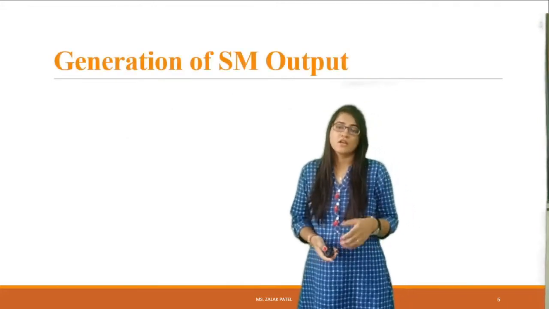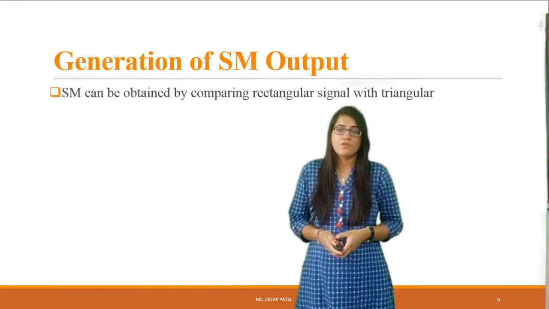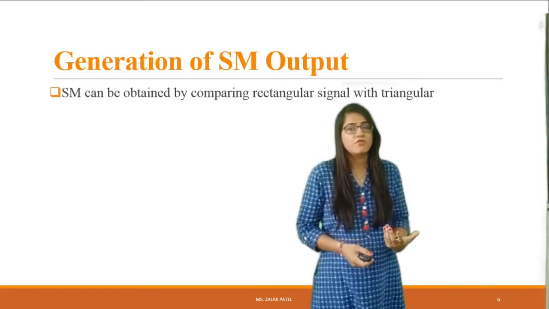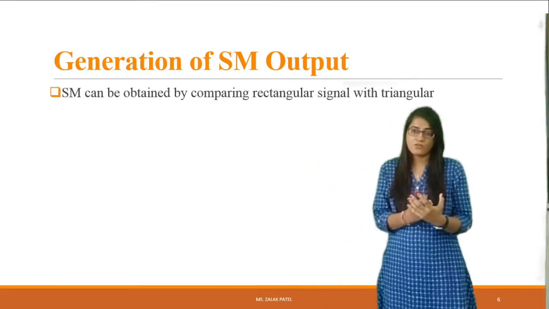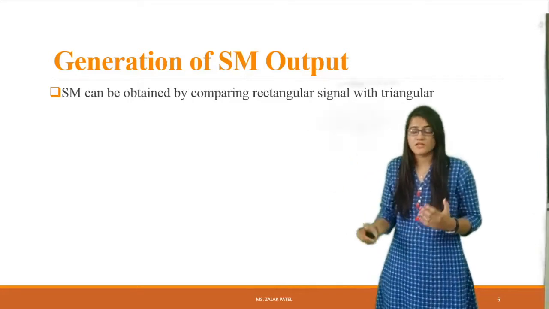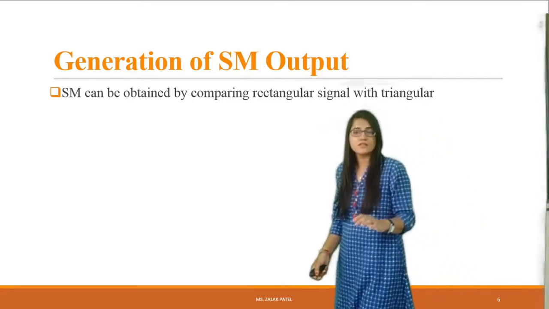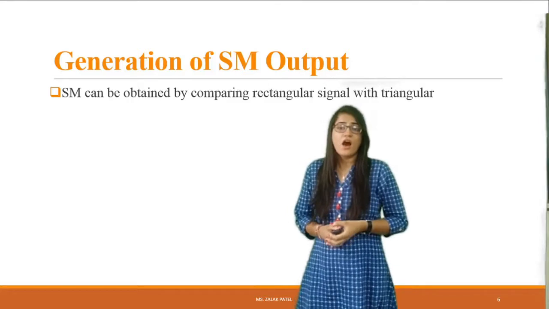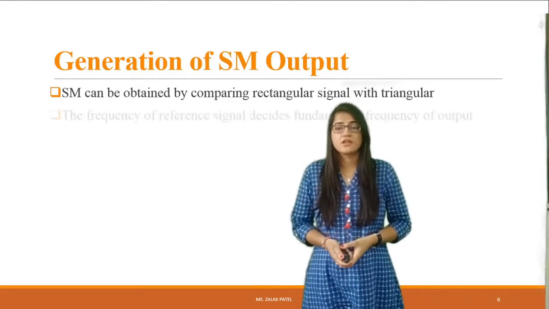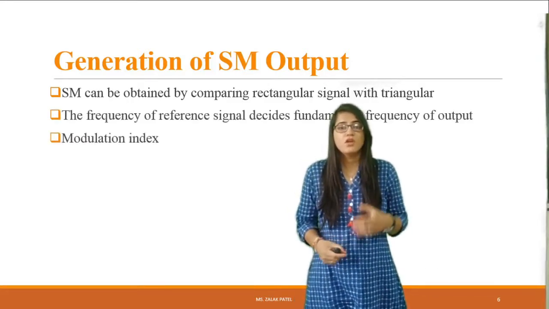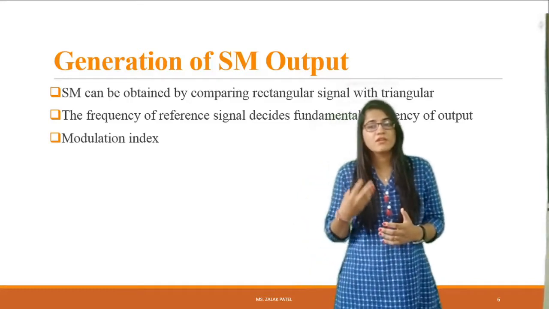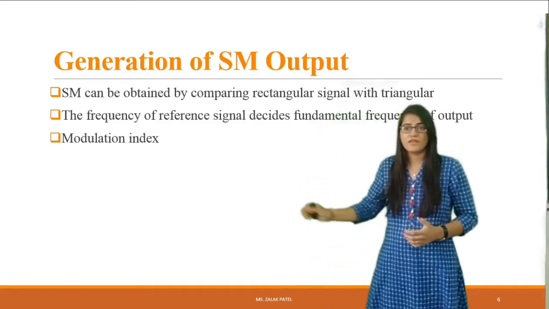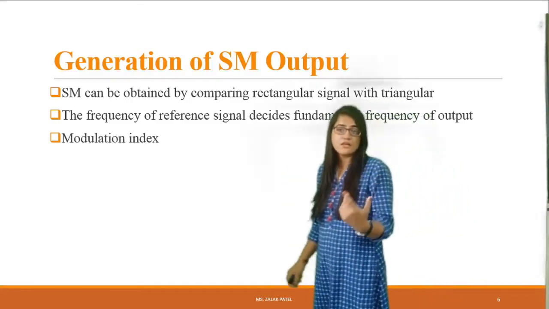Now, how can one generate the modulated waveform? For the modulated waveform, we can compare a rectangular signal with a triangular signal. Here the rectangular signal is the output reference signal, and the triangular signal gives us the carrier signal. By using the output frequency and the carrier frequency, we can calculate the modulation index.